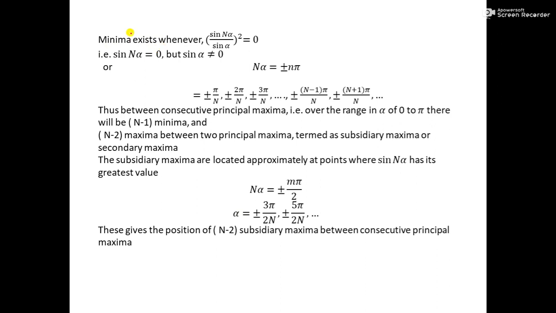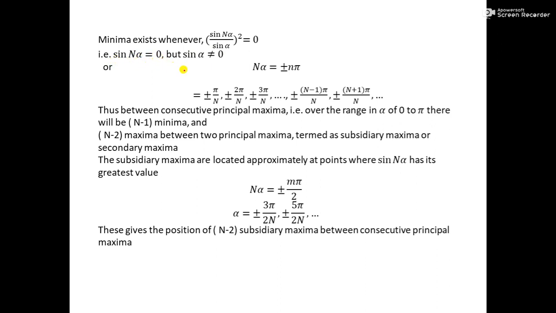As the maxima exist, there must be minima also. So minima exist whenever sin N alpha by sin alpha is equal to 0. Sin alpha cannot be 0 because it will give the position of principal maxima. So sin N alpha must be equal to 0.